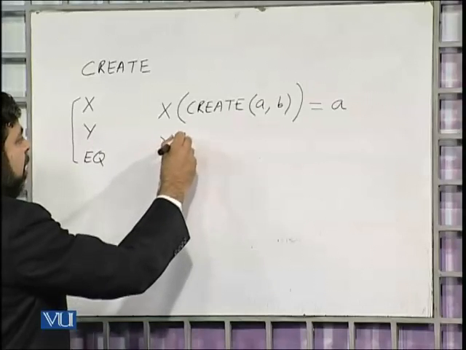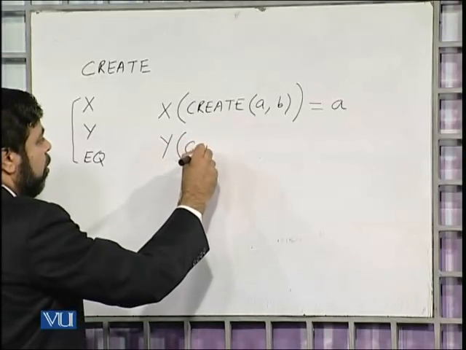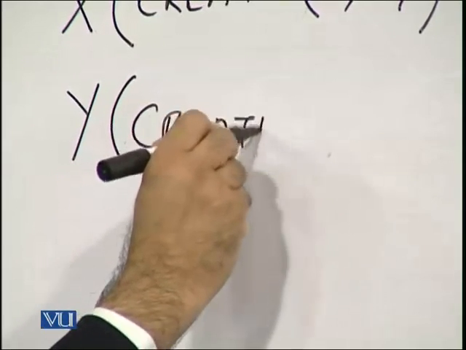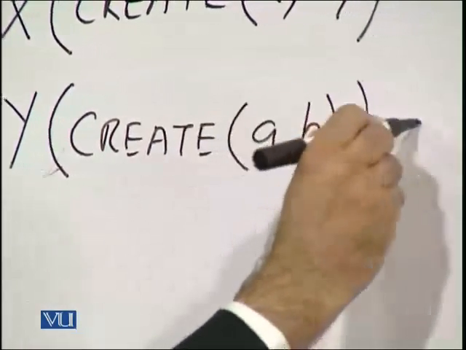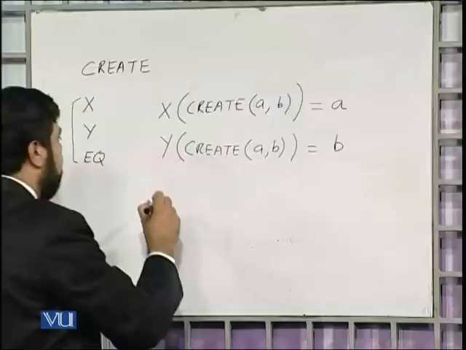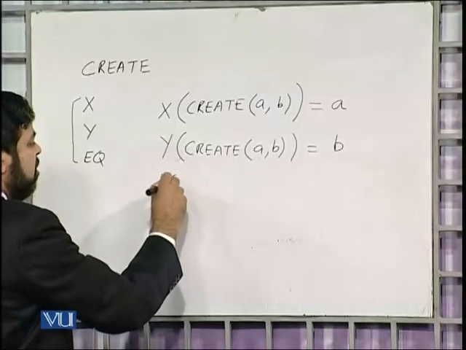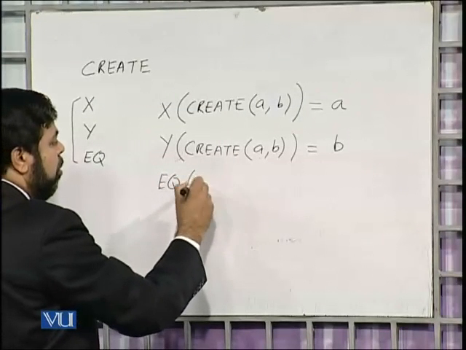Similarly, y of create is going to be b, and equal once again is not going to be difficult.